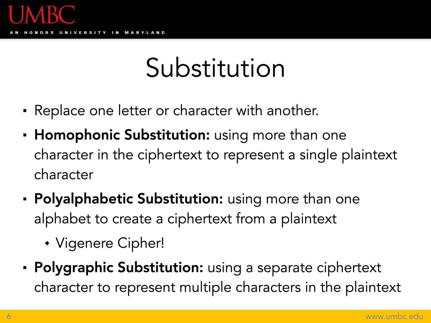Polyalphabetic substitution is when we're actually doing more than one substitution, right? So if you think of a substitution as just a single shift, maybe we're changing every character by 3. So instead of having an H, we would have like a K, and instead of having an E, shifting, what is it?